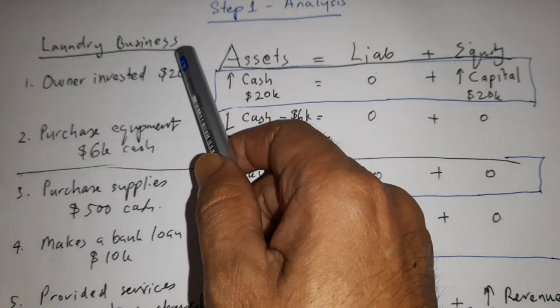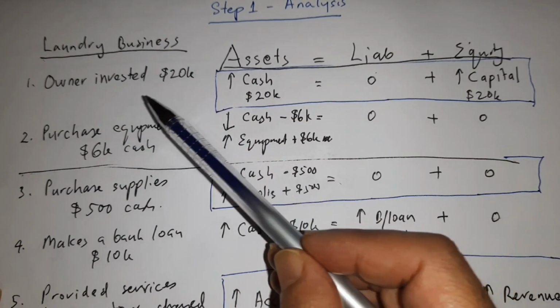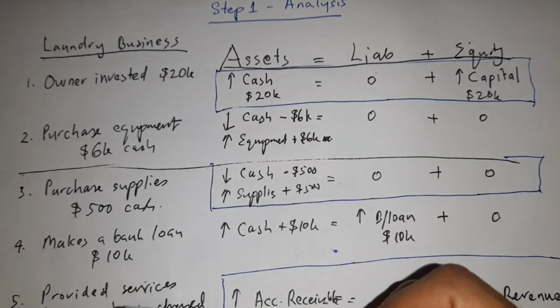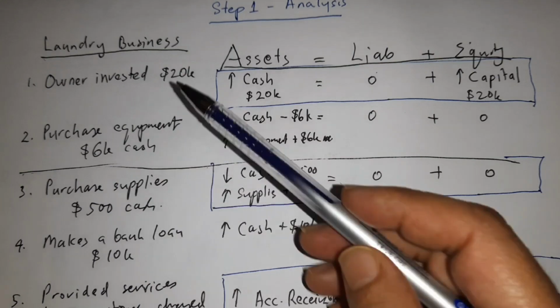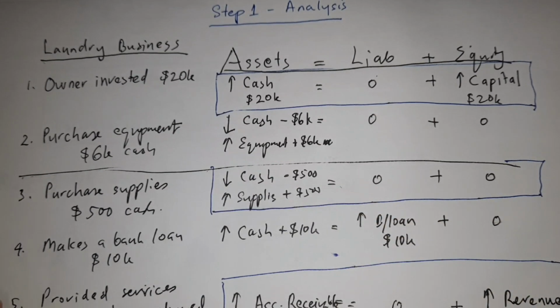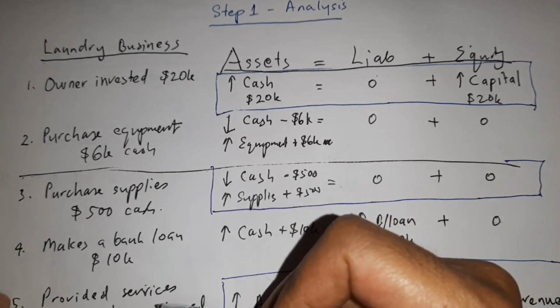We assume that you have a laundry business, and your business has done 5 transactions. Remember the accounting cycle explains the steps that you have to do when you want to do accounting records for a business.